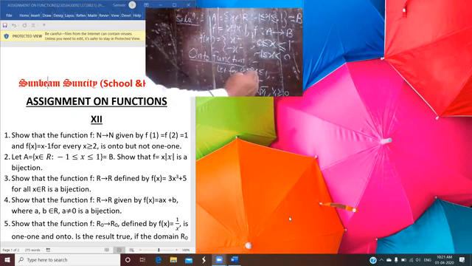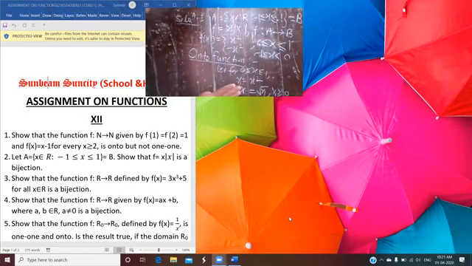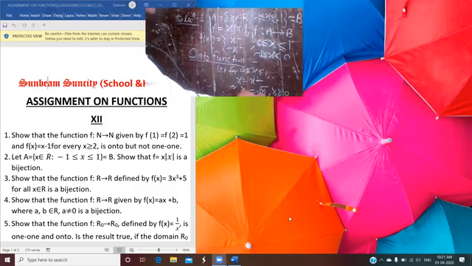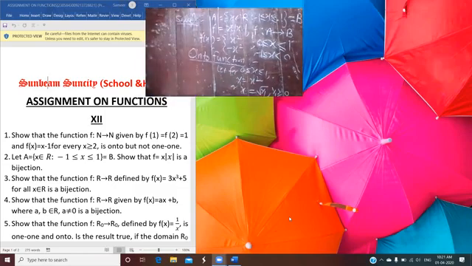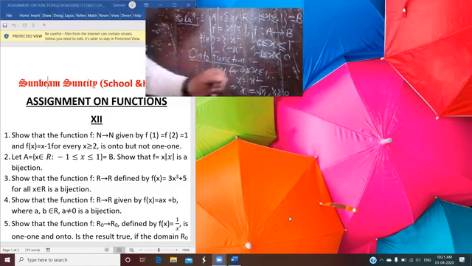Root is defined whenever the quantity within it is greater or equal to 0.